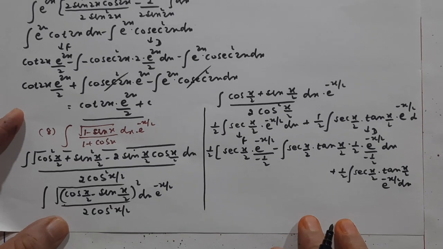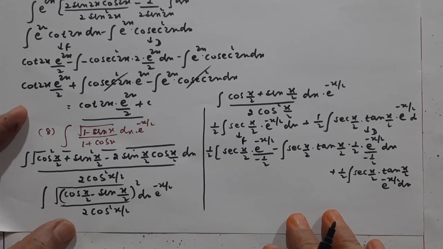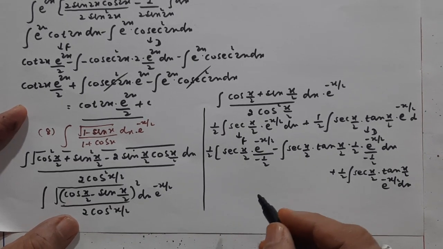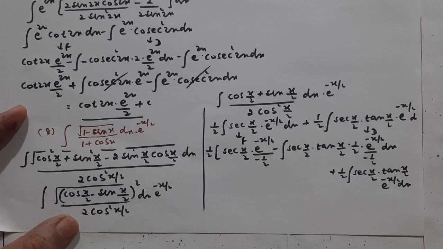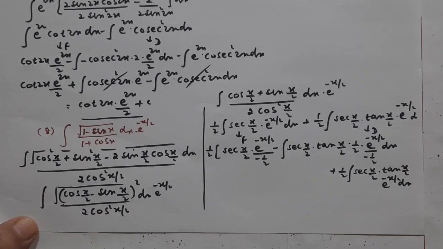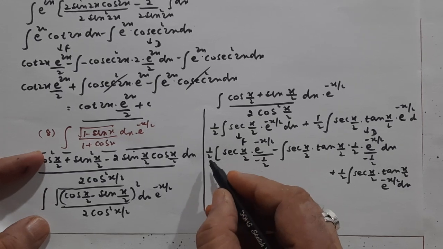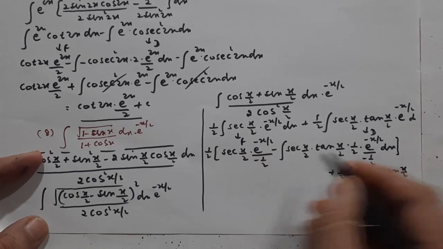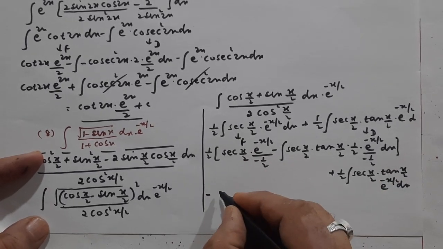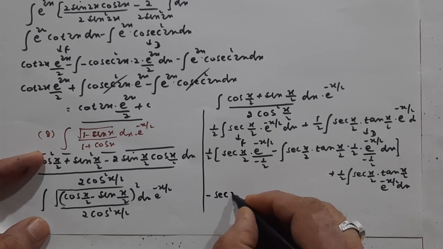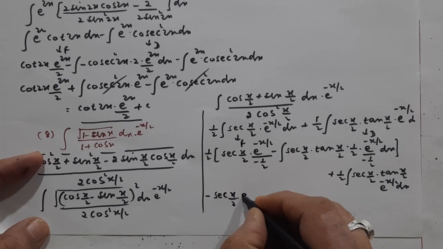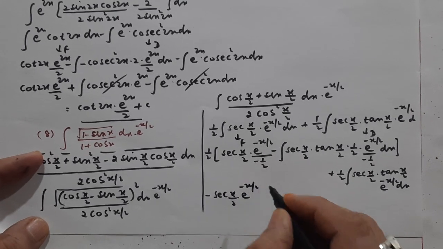So solving it a little bit, multiplying this factor by half, we get minus secant of x by 2 e power minus x by 2.